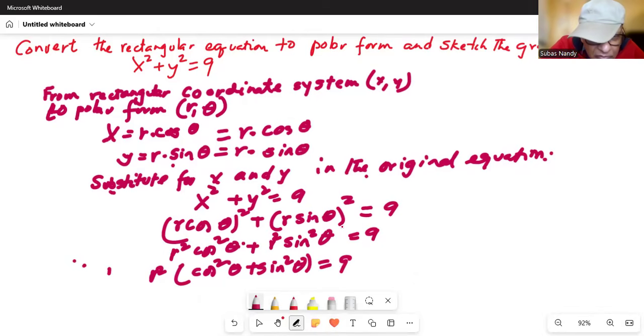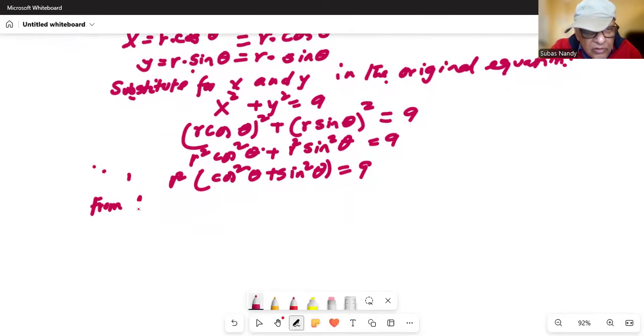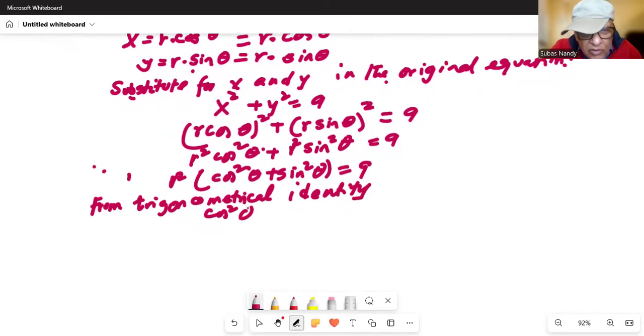But let me move this up a little bit. From the trigonometric identity, cosine square theta plus sine square theta is equal to 1.